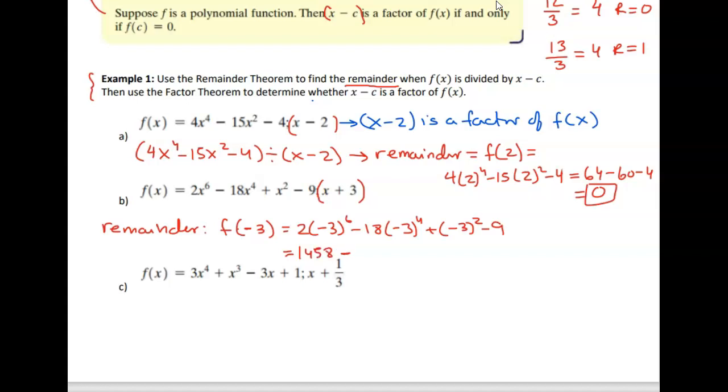Minus 18 times -3 to the 4, 1458, plus 9 minus 9. See, these cancel and this cancels, and I get a remainder of 0 again. All right? So again, we can say that x plus 3 is a factor of that function f of x.